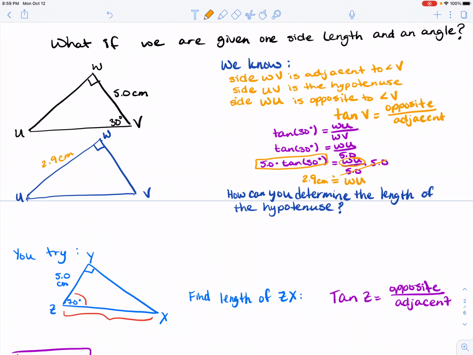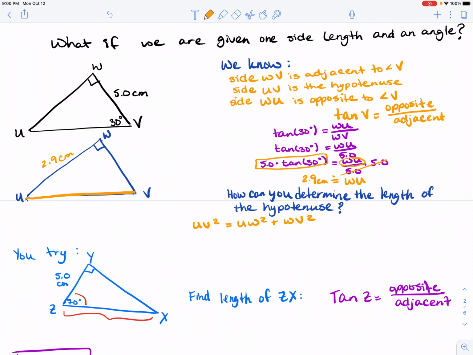Now, looking at this, can I determine the hypotenuse, this UV? Well, from Pythagoras' theorem, I know that UV squared equals UW squared plus WV squared.